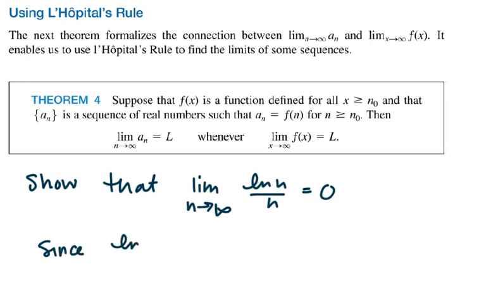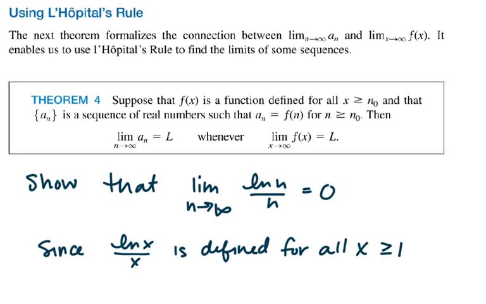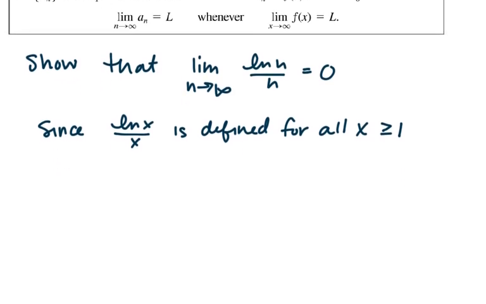Since ln x over x is defined for all x greater than or equal to 1, we can treat this sequence like a function, and I'm going to use x: the limit as x goes to infinity of ln x over x.